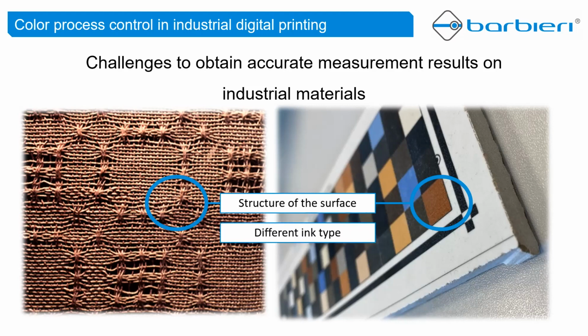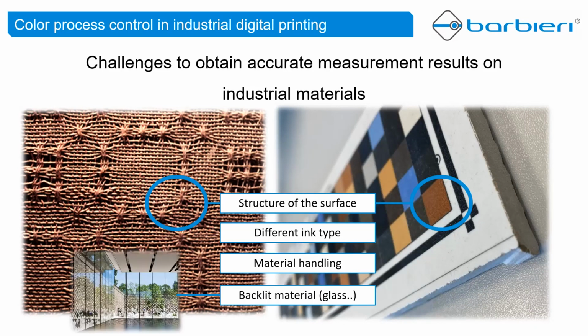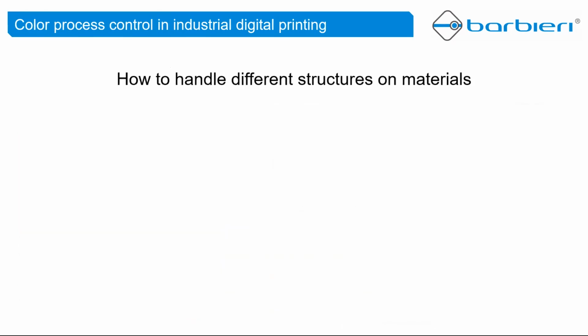Then there are different ink types, and there is different material handling for different materials. And there are challenges like backlit printing, backlit material like glass, and of course many, many other challenges.